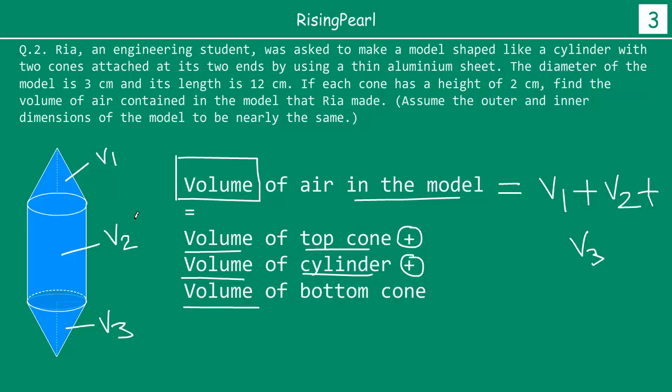Now very quickly, I know this is a question about volume and not area, but if you were asked for the total surface area of this, you would take the curved surface area of this cone, ignoring the area of its bottom circle. Then you would take the curved surface area, CSA, of the cylinder, ignoring the areas of the top and bottom circles of the cylinder.